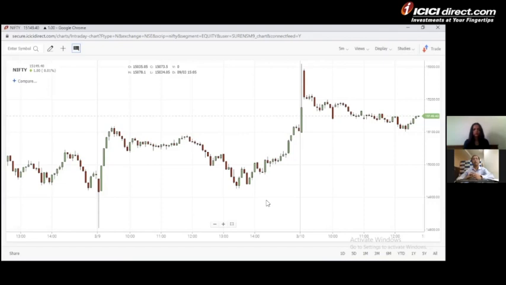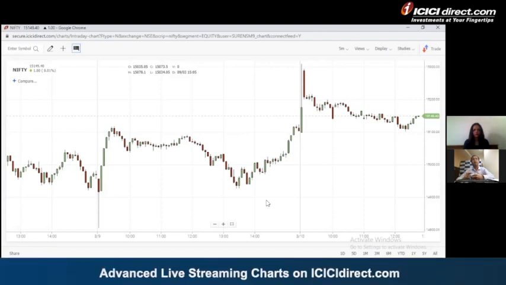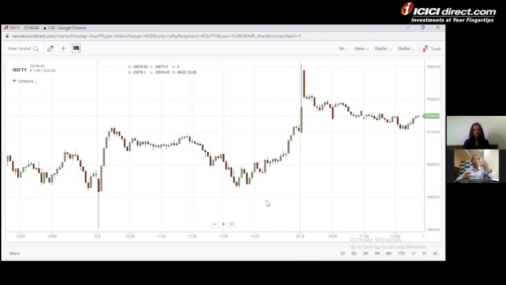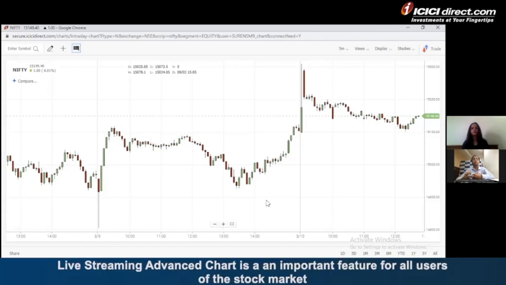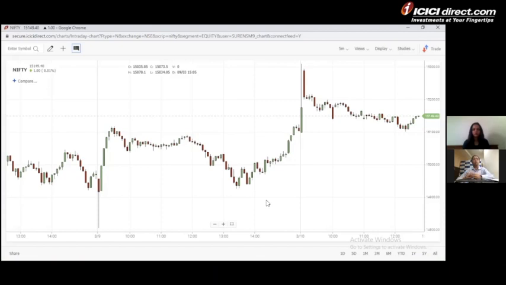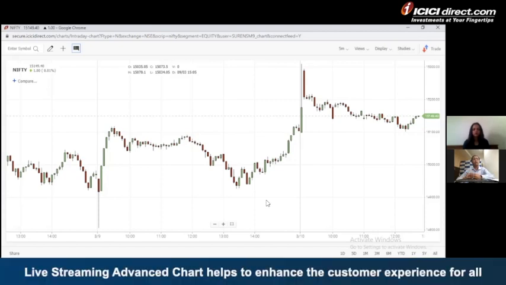So advanced chart helps you in your day-to-day trading activity as well as in taking positional calls. You can compare 2 to 4 charts at one point of time with multiple studies. So advanced chart is different from the normal basic chart and helps you in taking the right decision in trading activities.